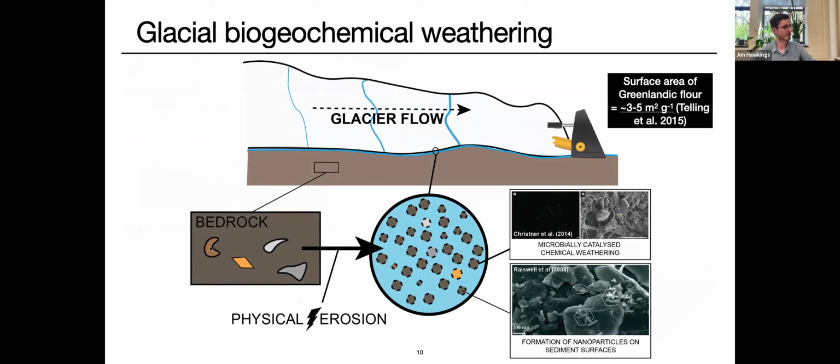So any trace reactive components in this bedrock go from being locked away to suddenly being exposed to very fresh, very dilute meltwater that's coming in from the glacier surface. And we get all kinds of very rapid chemical weathering reactions that go on here. And we get formation of nanoparticles, we get transport of nanoparticles, and throw into that as well some microbes that help catalyze some of these chemical weathering reactions, some extremophile microbes, and you get a very interesting environment biogeochemically.